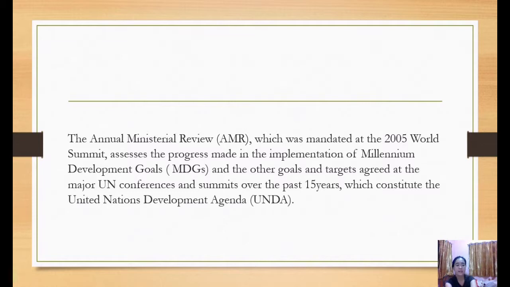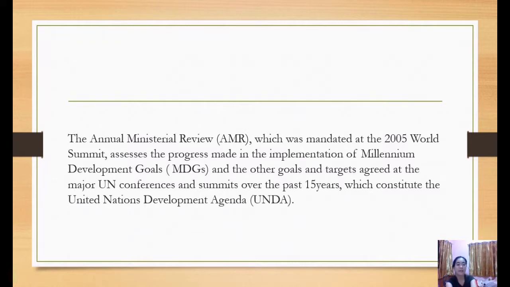And the second is to contribute to scaling up and accelerating action to realize that development agenda by serving as a global high-level forum with broad-based participation where lessons learned are exchanged and successful practices and approaches that merit scaling up are identified.